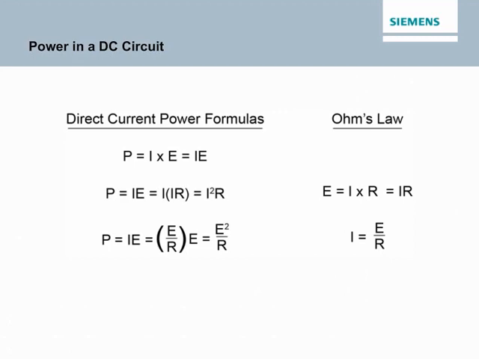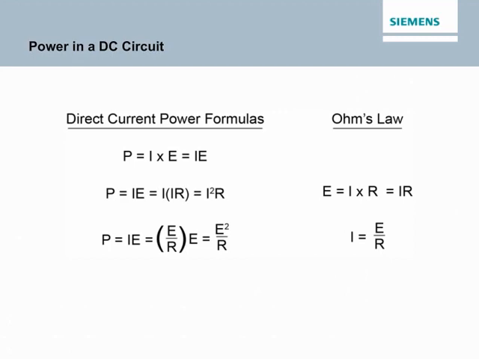In a direct current circuit, 1 watt is the rate at which work is done when 1 volt causes a current of 1 amp. As the accompanying graphic shows, from the basic formula, power equals current times voltage, two other power formulas can be derived using Ohm's law.